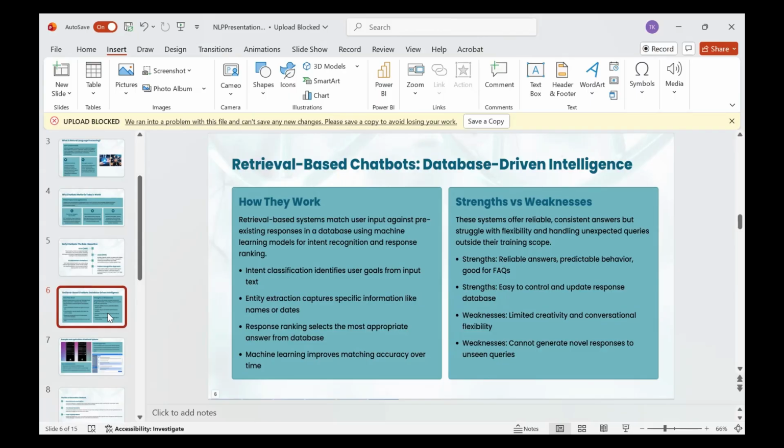Over time, with training, these systems improve their matching accuracy. Their strengths include reliability, predictability, and easy maintenance, which makes them an ideal choice for FAQs or structured tasks. However, they have weaknesses too. They lack creativity, cannot handle new or unseen inputs, and fail to sustain flexible, open-ended dialogue. This is how retrieval-based chatbots work, and these are their advantages and weaknesses.